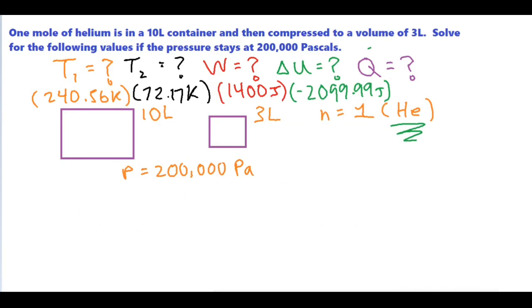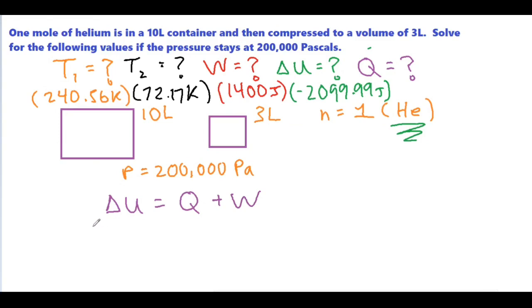For this, we're going to use the first law of thermodynamics and say that our delta U is equal to Q plus W, and it's Q plus W focusing on the system. It would be Q minus W focusing on the surroundings. So we're still focusing on our system, which is basically the gas inside the container.